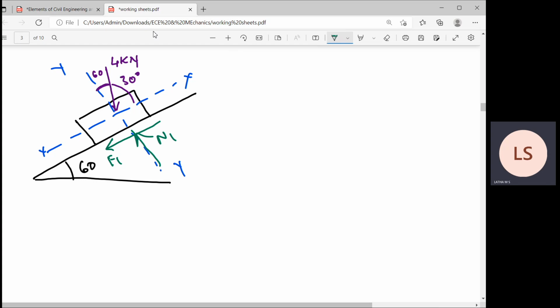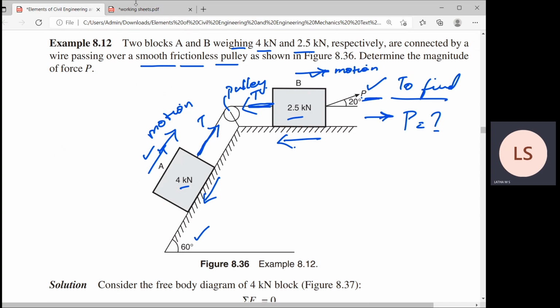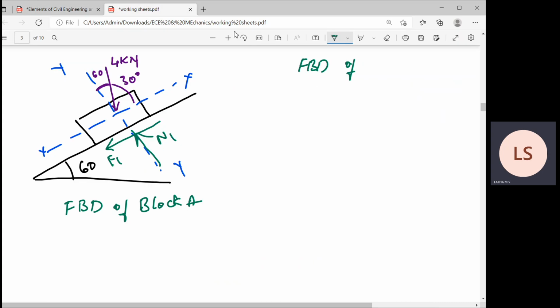Okay, so this is the free body diagram of block A, correct? Similarly, I have to draw the free body diagram of block B. Block A and block B, yes.